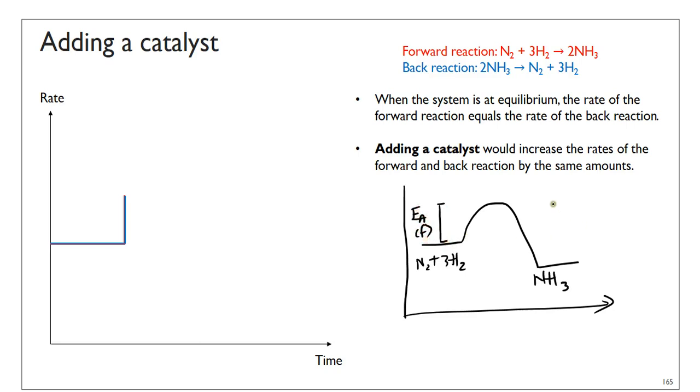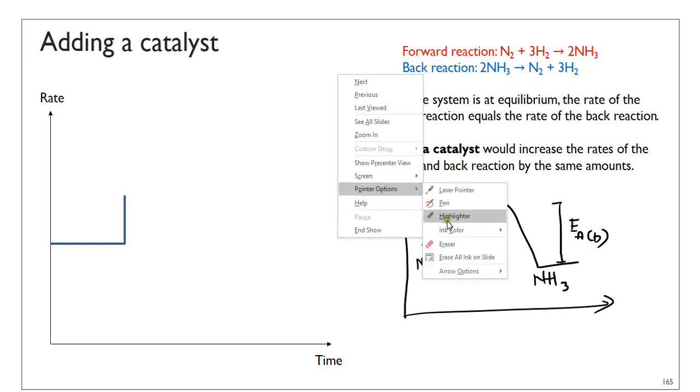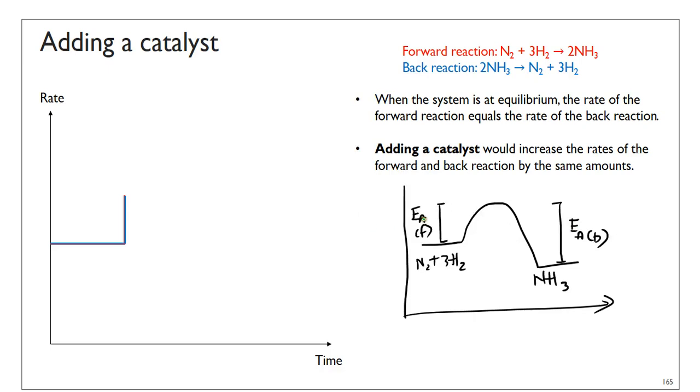And this is the activation energy of the back reaction. If a catalyst is added, what a catalyst does is that it is going to lower the activation energy required. So it's going to lower the gap to get to the transition state. So basically, if I add a catalyst, it's going to lower this peak.